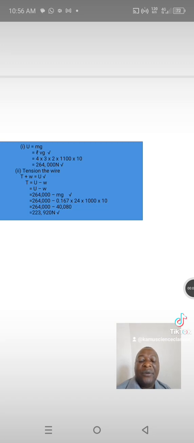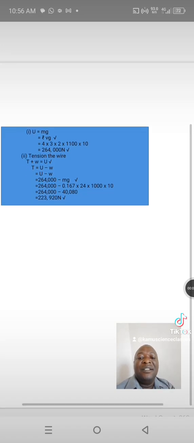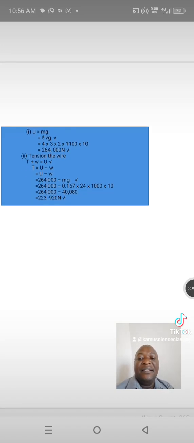And how do we find the weight? We take 0.167, convert it into kilograms per cubic meter by multiplying by 1,000. Then the volume is 24, then times g, which is 10. And this gives us 40,080. So the tension, that means the upthrust minus the weight, gives us a tension in the string which is 223,920 newtons.